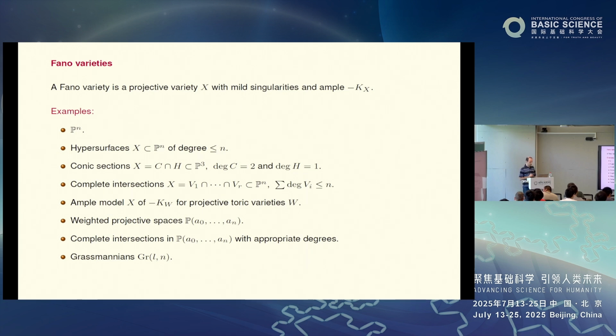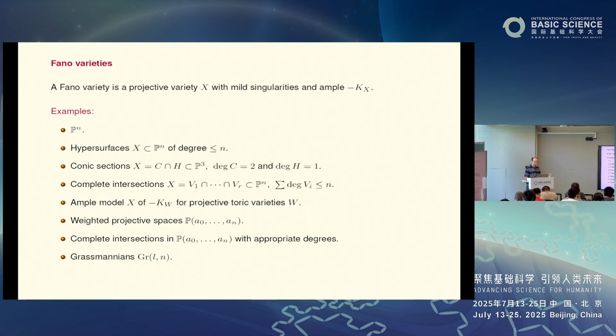Okay, so let me just remind you, or the younger generation here, what Fano varieties are. A Fano variety is basically a projective variety X, which can be smooth, or we also allow mild forms of singularities. For now, I will just say mild singularity.